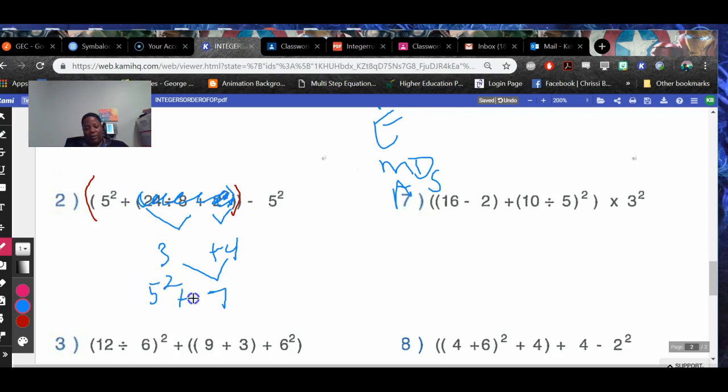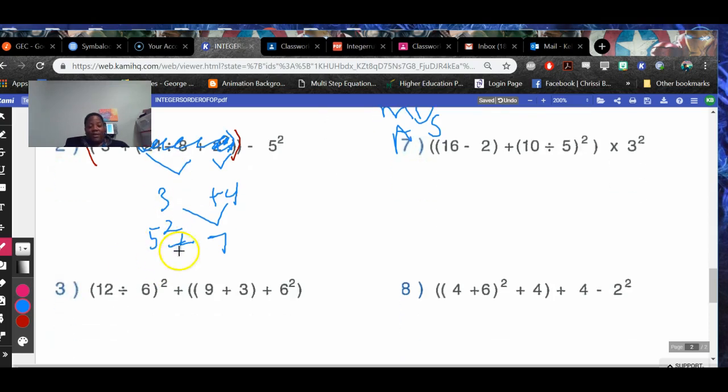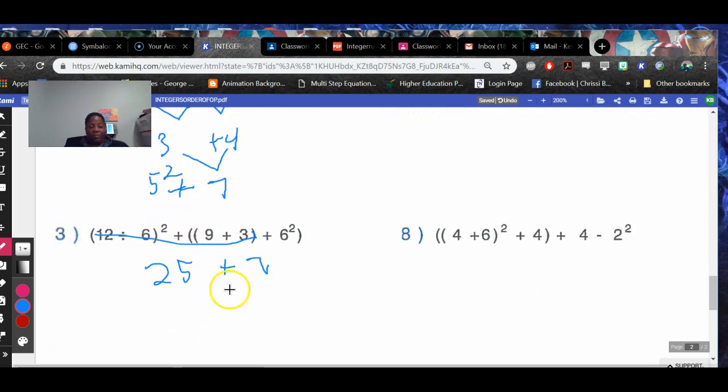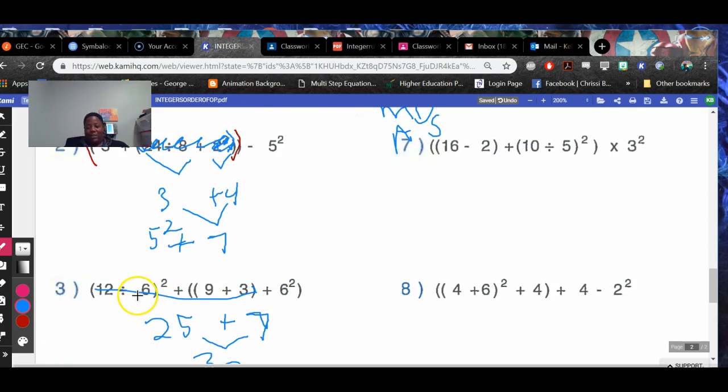5 squared plus 2. That's a 5 squared. 5 squared is 25. And then bring down the plus 7. The 25 plus 7 is 32. Sorry for the sloppiness, it's just not going to get any better, people.